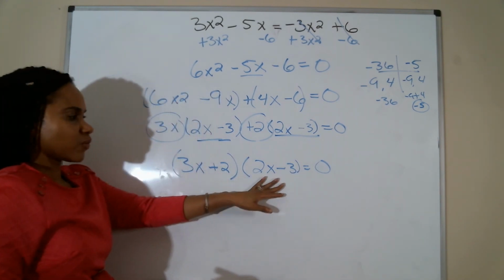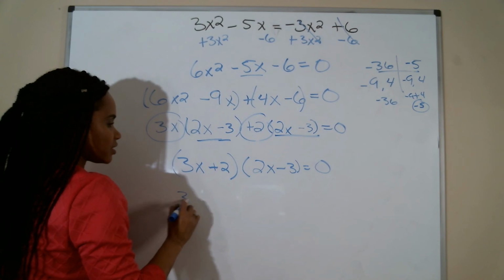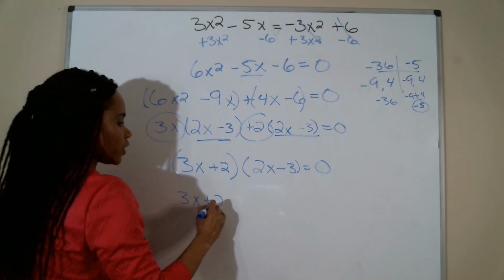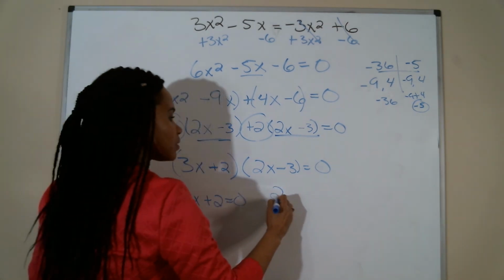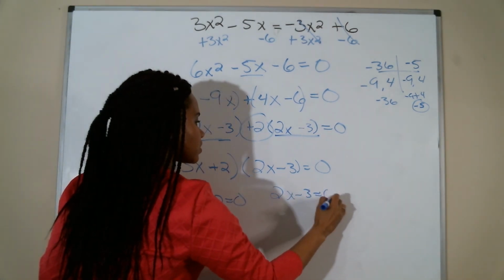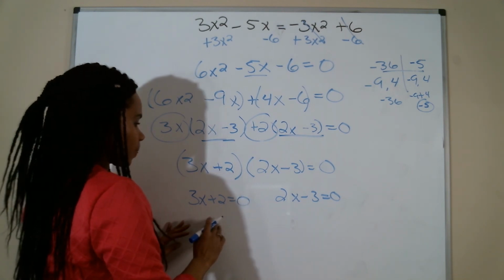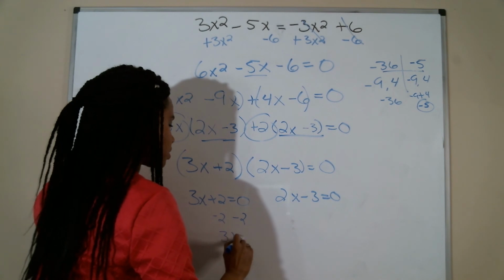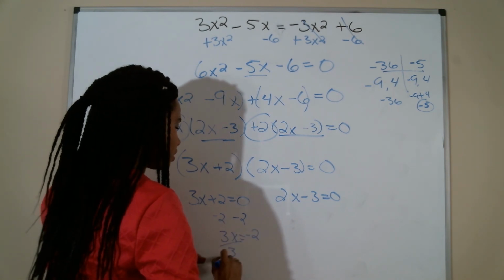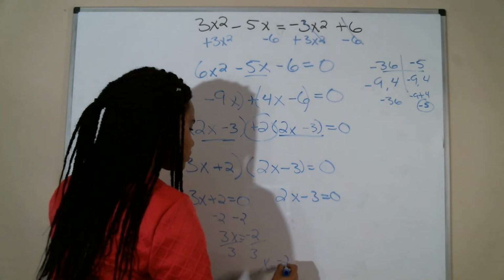And then I want to write these binomials as two separate equations. So 3x plus 2 is equal to 0, and 2x minus 3 is equal to 0. Setting these equal to 0, I solve. Subtract 2: 3x is equal to negative 2. Divide by 3, and x is equal to negative 2/3.